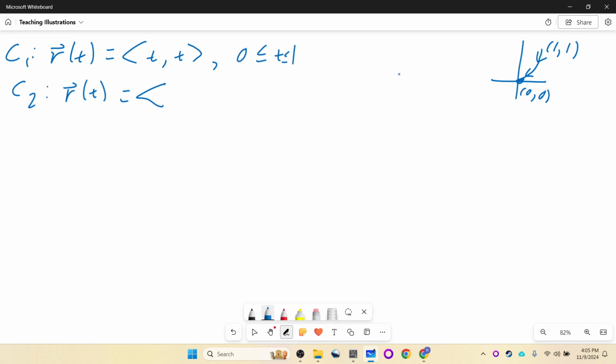So we will say x starts at 1 and ends at 0, so it is 1 minus t. I didn't need parentheses there. Now y equals x squared, so if x is 1 minus t, then y is (1 minus t) squared.